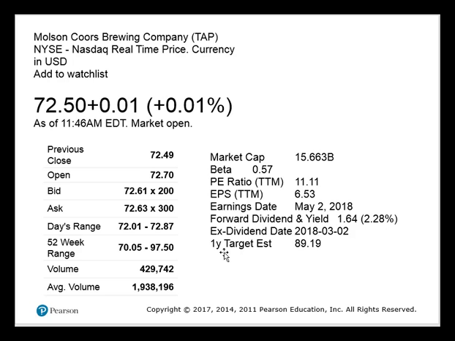We see here a 1-year target: they're estimating that 1 year from today, this stock will have a target price of $89.19. So if you take $89.19 and divide that by today's price of $72.50, that is roughly 23%.